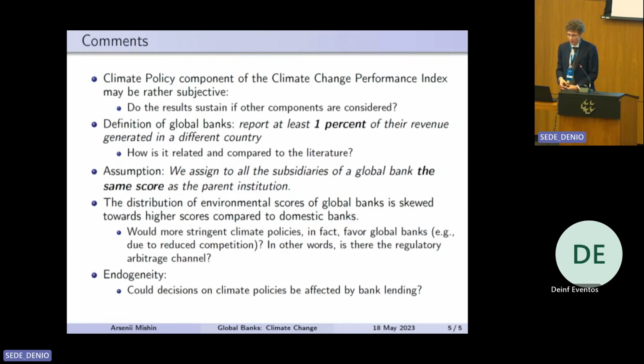The first one is about the climate policy component, as I mentioned, and this can be rather subjective, right? Because it is based on opinions of experts, and I would like to see more details about how these experts are chosen, and whether their identity changes over time.